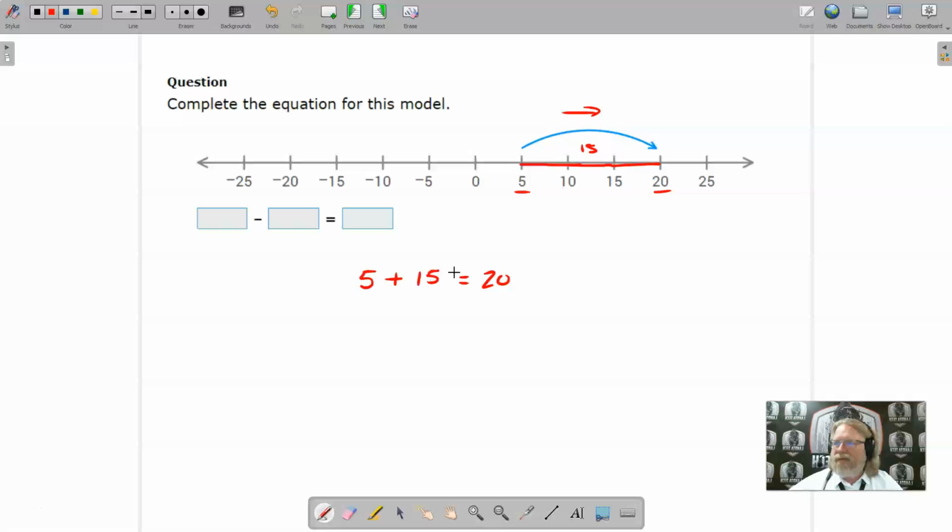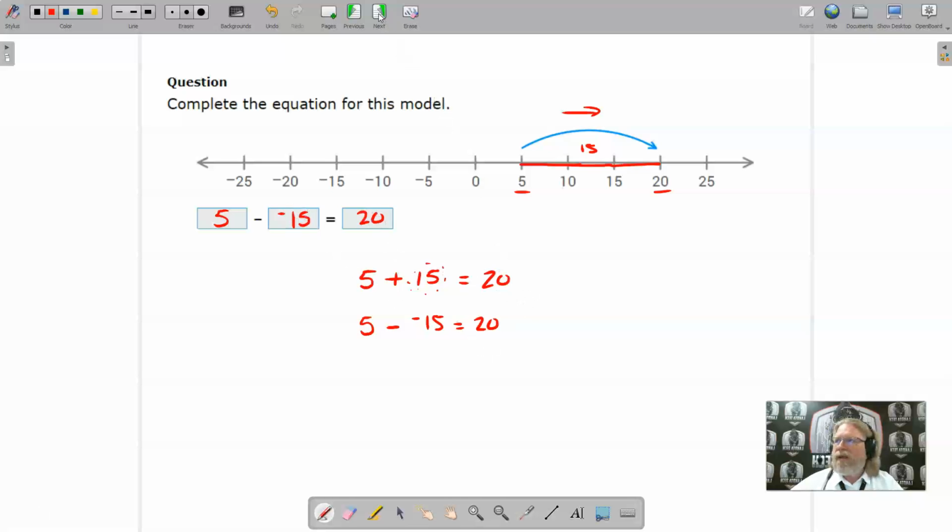So that would be 15. They wanted a subtraction, so let's do that. Keep the first number the same. Change addition to subtraction. Take the opposite of the number that follows. That's going to be negative 15. And it still equals 20. So let's fill in those blanks. 5 minus negative 15 equals 20.